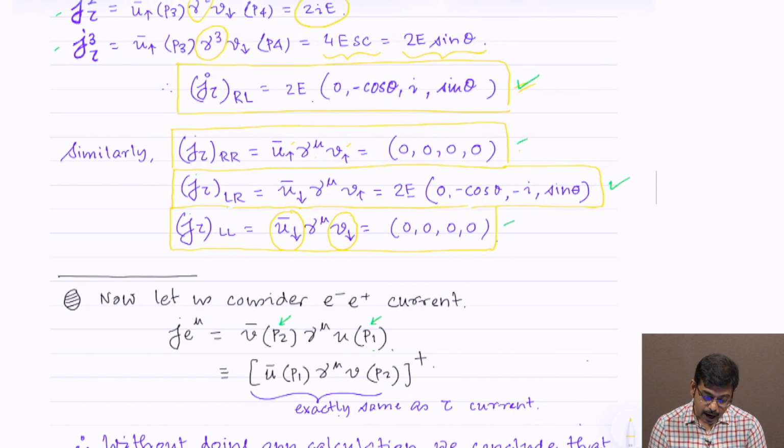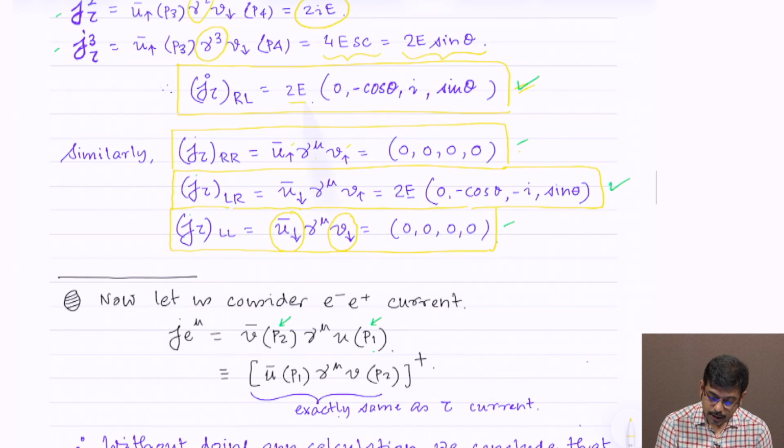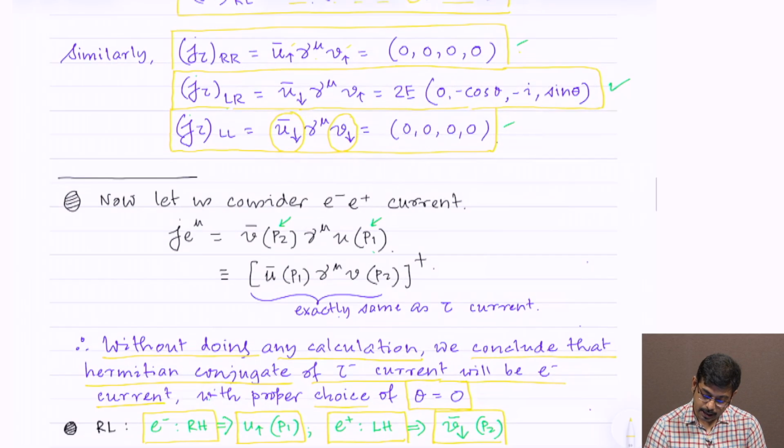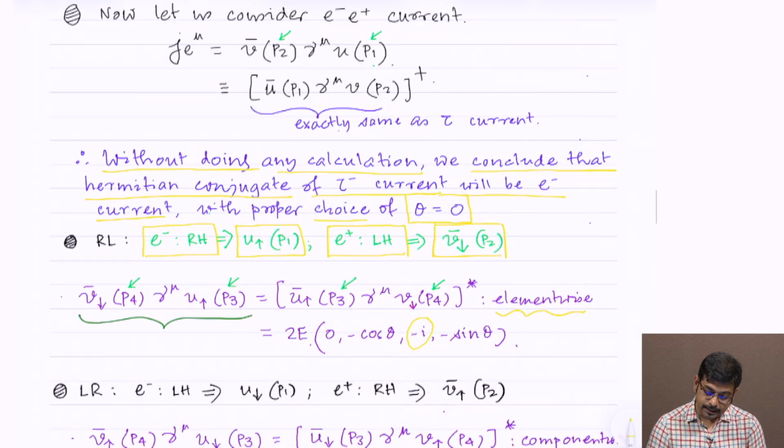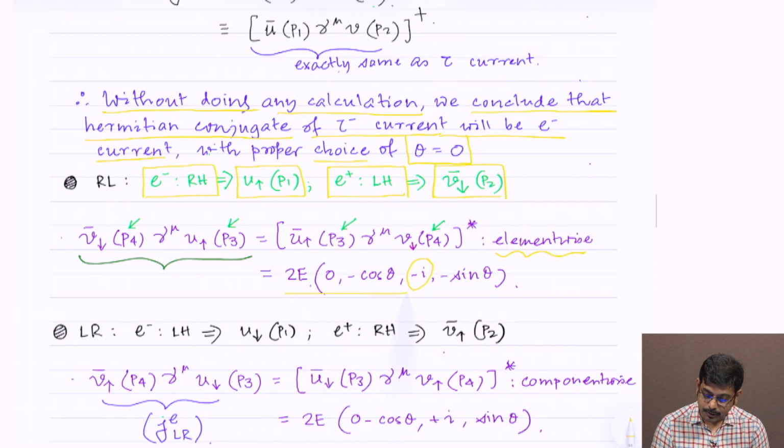The RL current was 2E, 0, minus cos theta, I sin theta. So the only change that I am going to have is here in the I, that is going to become minus I, and everything else is going to remain the same. So this is exactly the same. And also you remember that in this particular case, the magnitudes of P3 and P4 are not different.